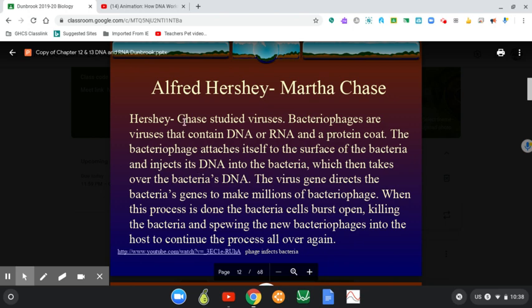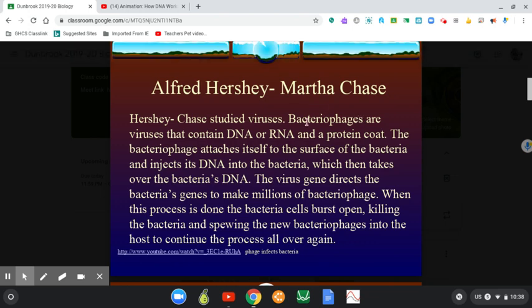because these bacteriophages are actually viruses. So a virus that infects a bacteria is called a bacteriophage. I know that sounds like it's a bacteria, but it's actually a virus. And viruses, remember, are not technically quite alive. They're very close to being alive, but they're not technically alive. So bacteriophages are viruses that contain either DNA or RNA.